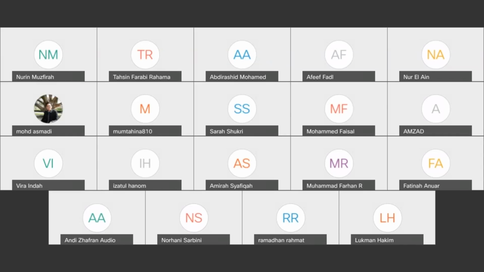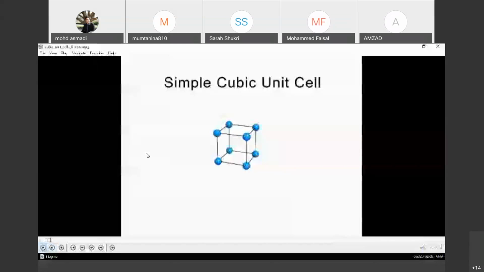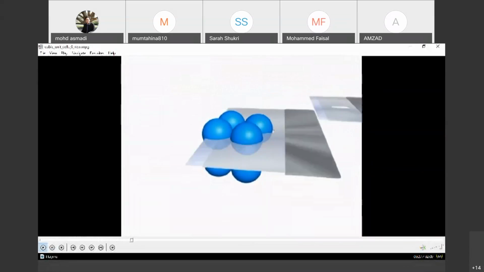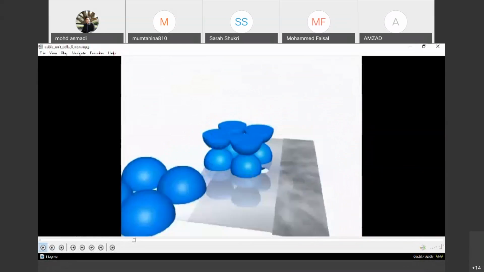Okay, so I will share this video. There is no sound for this video. We zoom in and cut. This is one unit cell.